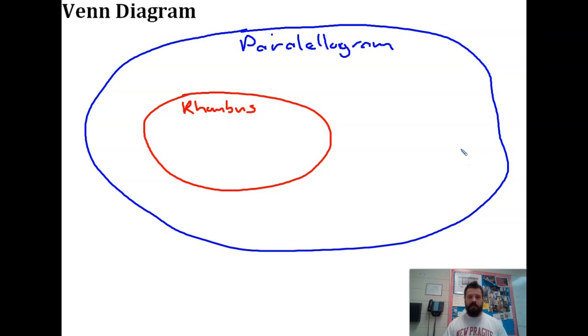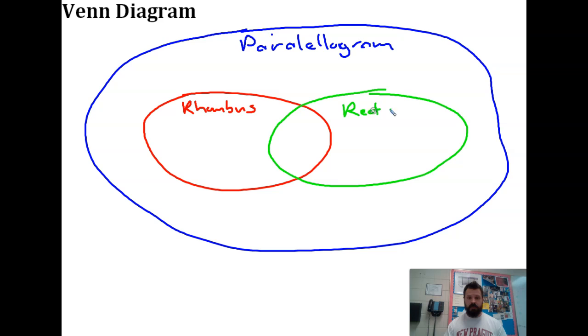Now we're going to do the same thing with rectangles. I'm going to make a circle within parallelograms to represent rectangles, and make it overlap the rhombus circle. I drew it that way because if it's a rectangle, then it is a parallelogram. Also, there are some rectangles that are rhombuses, and some rectangles that are not rhombuses.